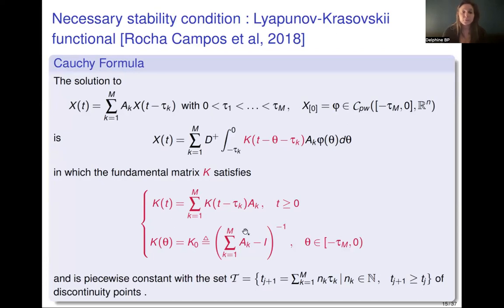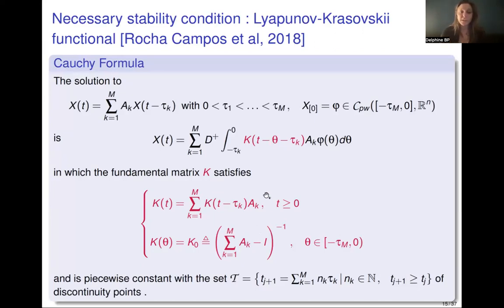They introduce this fundamental matrix K, which satisfies the same dynamics, but in the reverse order, so K is on the left. And K is constant initially, so you have a constant initial condition, and then this delay differential equation, K being a matrix here.